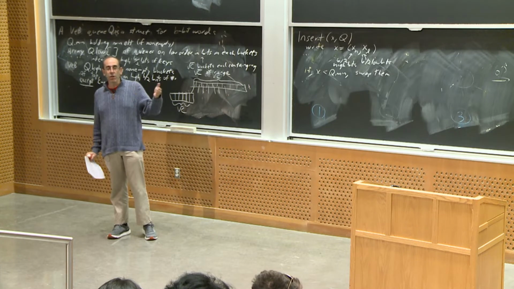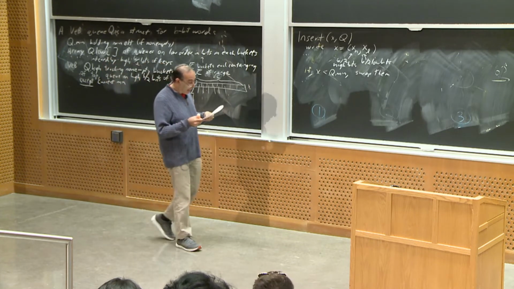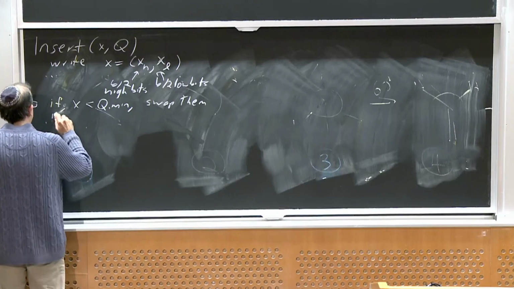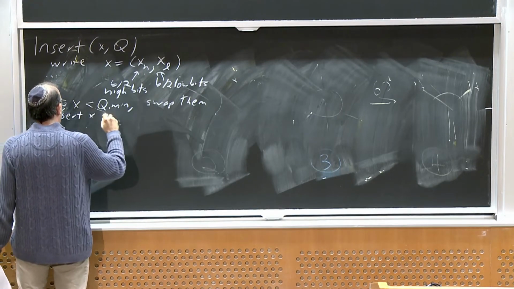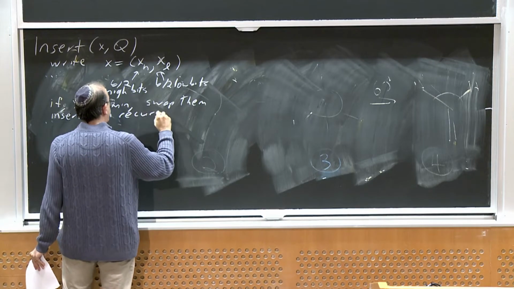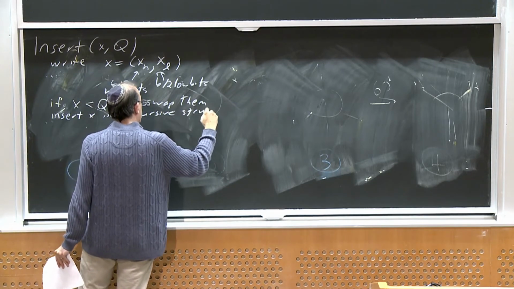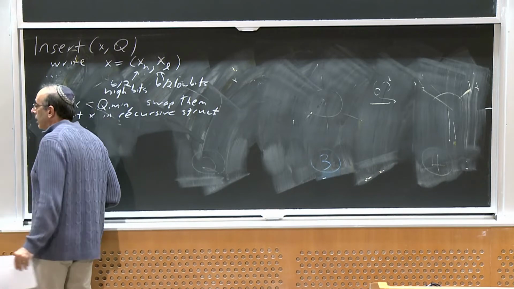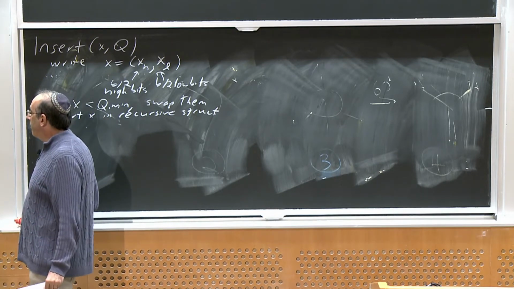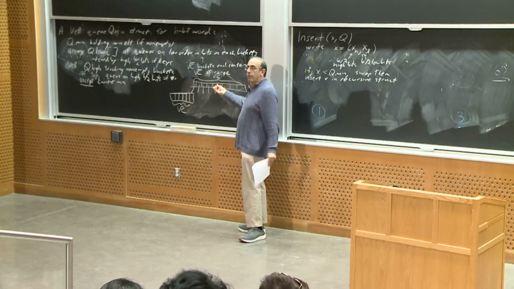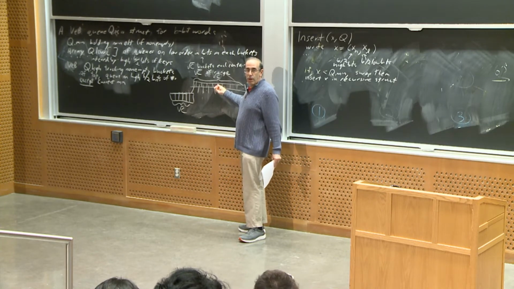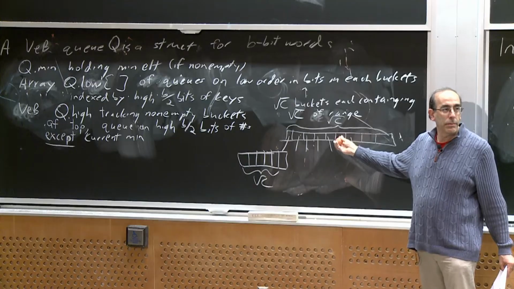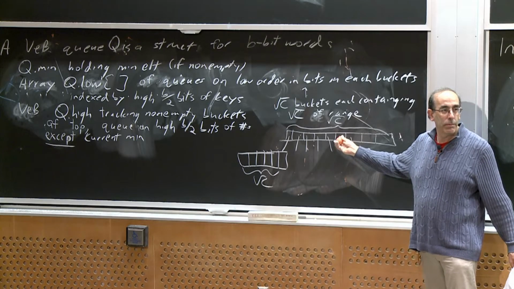I need to look separately at the high and low bits. Okay, so I'm going to insert x in the recursive structure. And what that means is I'm going to look and see if the bucket where x belongs is empty or not. Right?